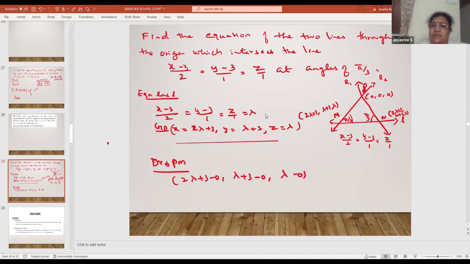Similarly, I find the direction ratio of PN. No need, only one is enough, but still for learning I am telling. That is here 2 lambda plus 3, again lambda plus 3, and lambda. So I take this as the B2 vector, and I take the direction ratio of the line as the B1 vector. Direction ratio B1 vector is 2, 1, 1.